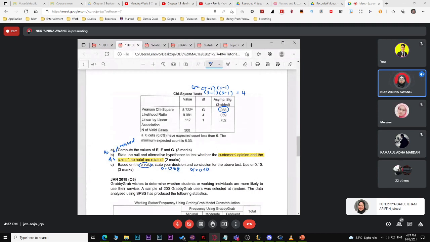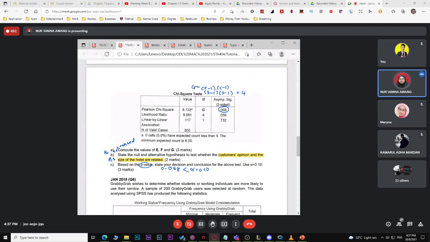Since this value is less than, you will reject your H null. Okay. So when you reject your H null, you say that customer opinion and the size of the hotel are related, or there is enough evidence to conclude that customer opinion and the size of the hotel are related. Okay. So that is for the June 2018 question. And then there are two more.